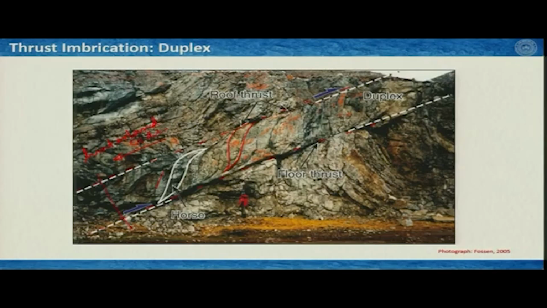And this entire structure is known as duplex structure. So you now have a very clear idea what is imbrication, what is sole thrust or floor thrust, what is roof thrust, what is duplex, what is piggyback, and so on.